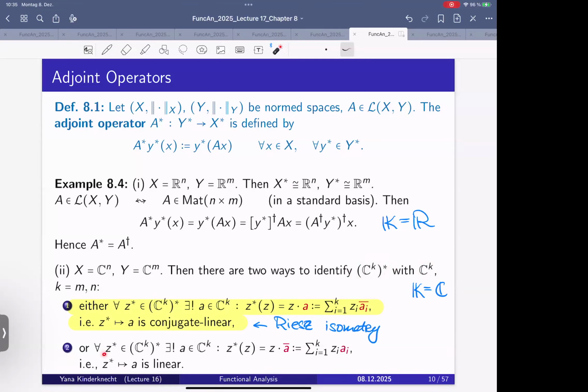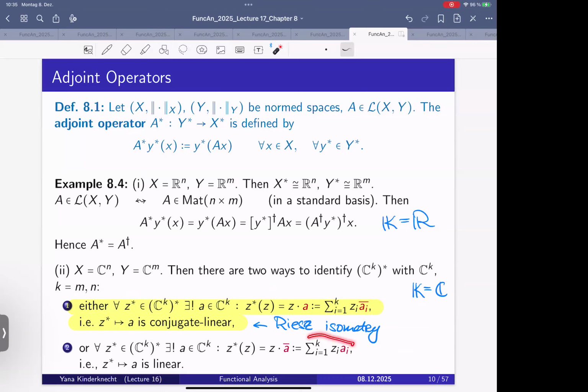Namely, for any continuous linear function on CK, we may associate a vector A in CK such that Z star evaluated at point Z is given like this. So it's a scalar product with A bar. And then if you write the scalar product and remember this bar, then you get this formula. So in this formula, you don't have any bars, and hence this association is a linear association.